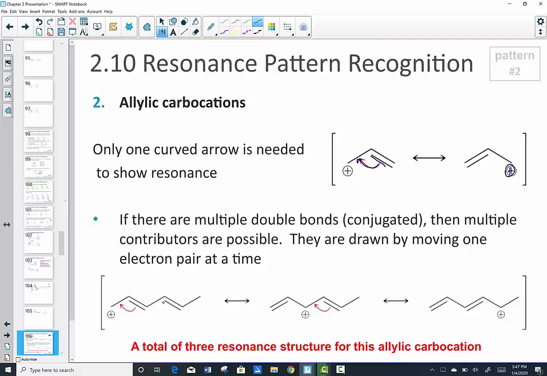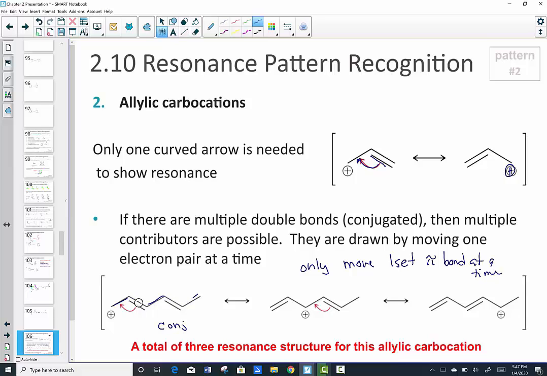Notice that conjugated means alternating single, double, single, double. That's conjugated. But only move one set of electrons at a time. And that way you'll remember to get all the possible resonance structures.